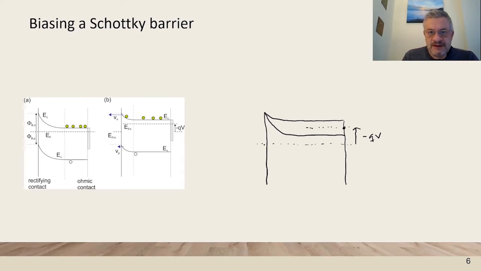Now it's different, the Fermi level of electrons and holes. So there is a flow of electrons. So it's been displaced from equilibrium, and this is the forward bias.